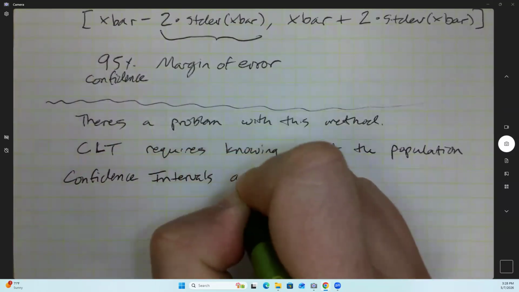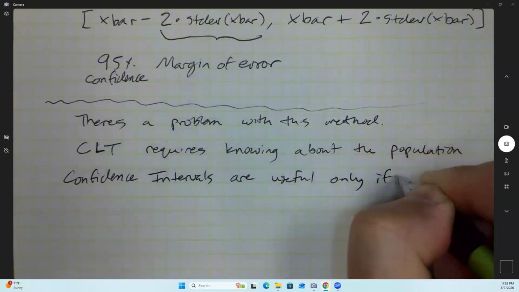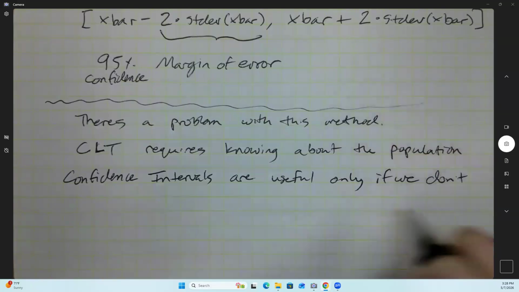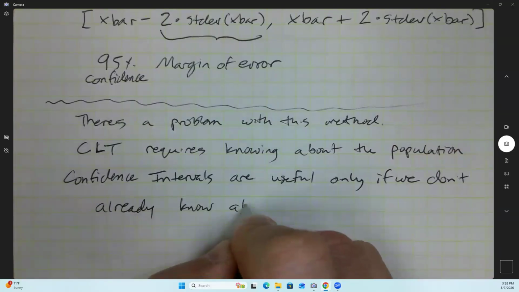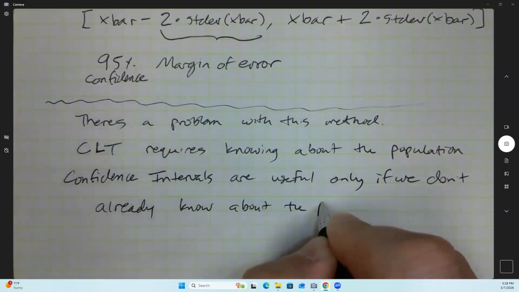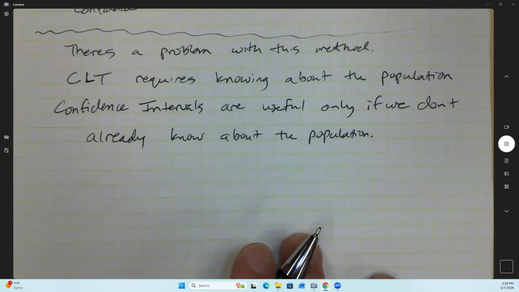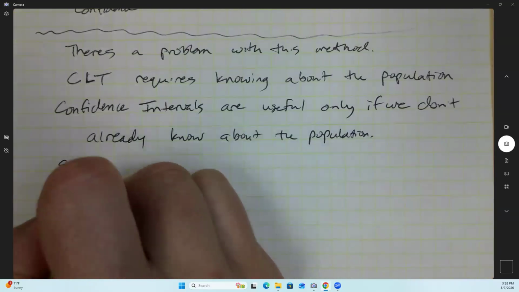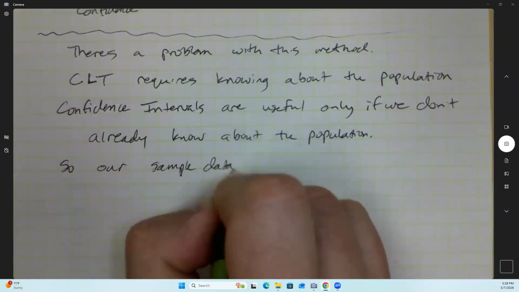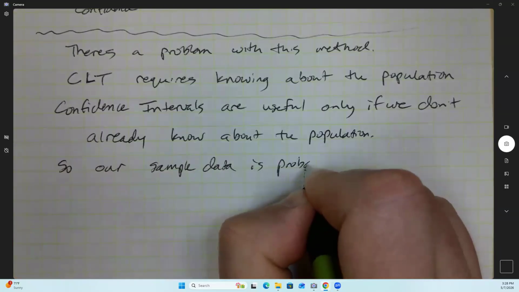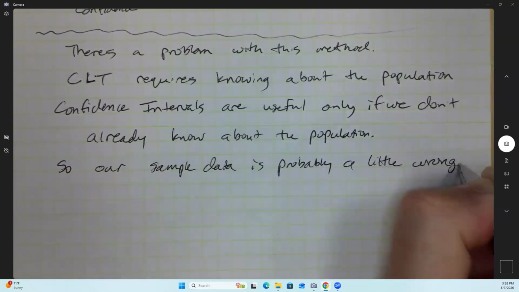Confidence intervals are useful only if we don't already know about the population. So our sample data is probably a little wrong.